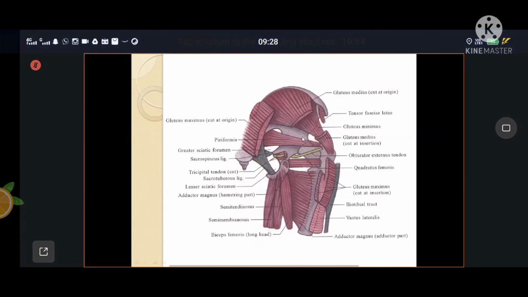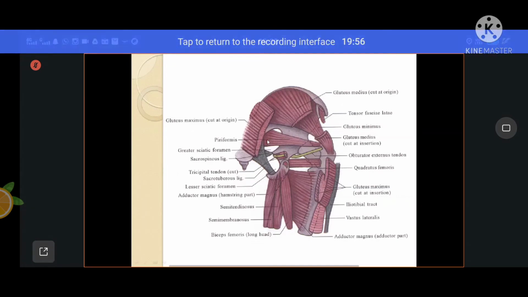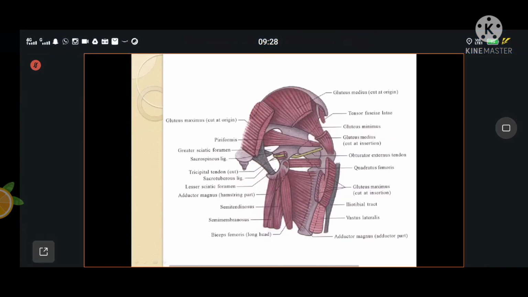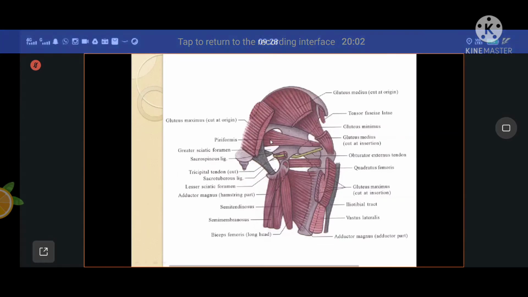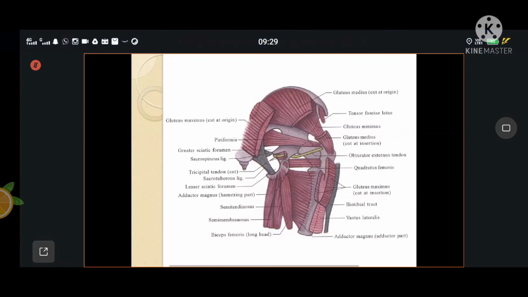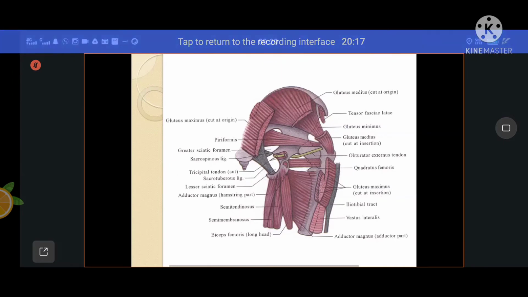So what is the nerve supply? Since it is getting its origin within the pelvis itself, from the sacrum, it is the ventral rami of S1 and S2. And what is the action of the piriformis muscle? It is the lateral rotator of the hip joint.